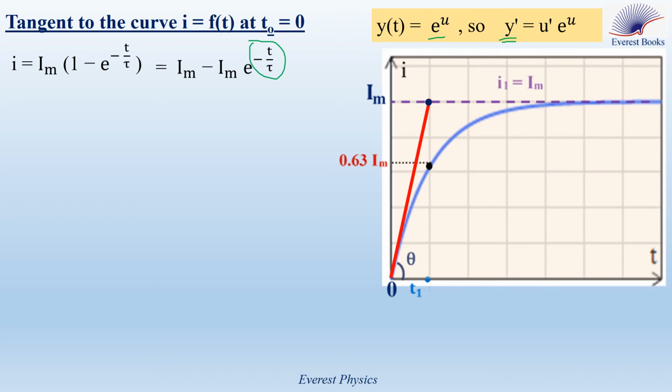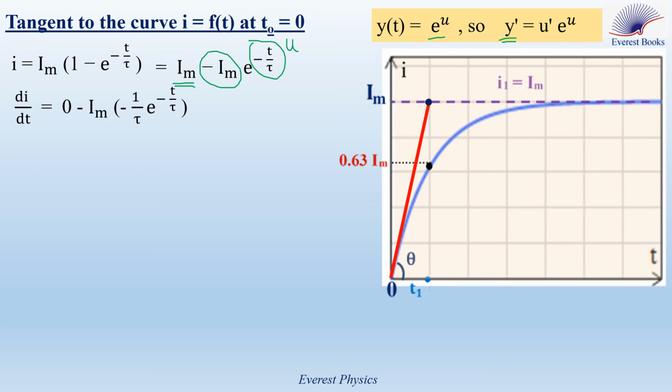Now we want to differentiate this expression with respect to time. Let's start with Im. Im is constant, so its derivative with respect to time is 0. Minus Im is a constant multiplied by the exponential, so it stays the same.